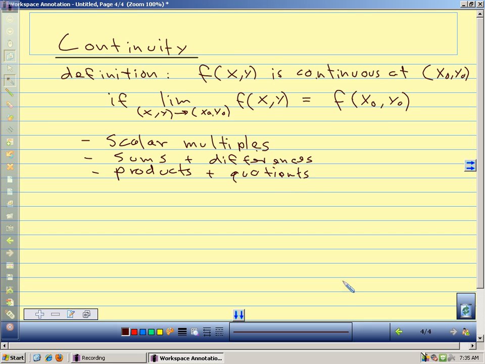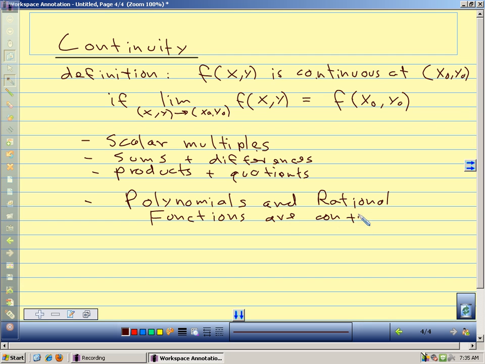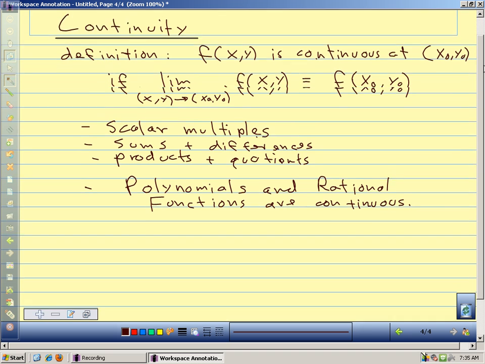So all of these combinations of continuous functions are going to be continuous. And again, this implies that polynomials and rational functions are continuous everywhere they exist. So whenever we have a polynomial or rational function, we're dealing with a continuous function as long as our functions exist.